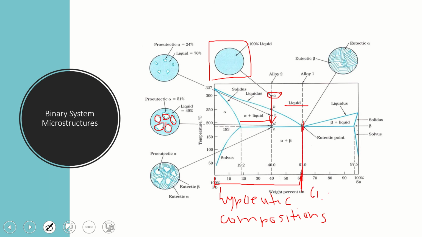In this case, it's 61.9. So as you lower the temperature in the hypoeutectic area, you will get alpha solids, precipitates inside of the liquid.